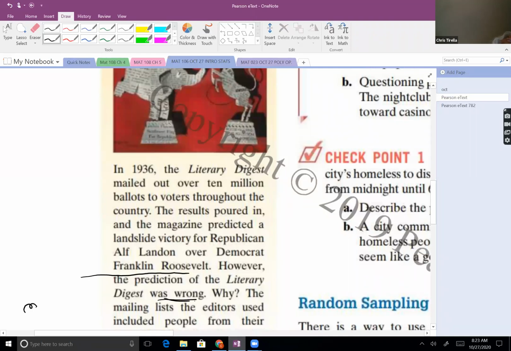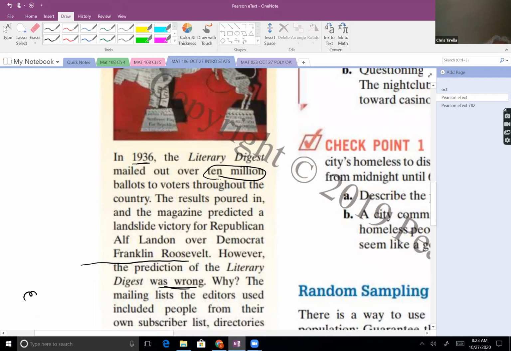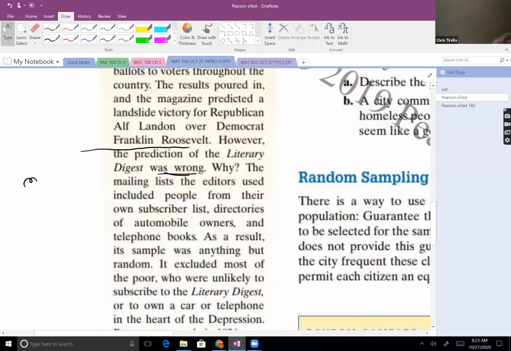Why was their result wrong? They had 10 million people. That's got to be a large enough sample. Well, a whole bunch of things went wrong. In 1936, it was the Depression. Do you think they picked from their subscribers, people who owned cars and things, people in telephone books?